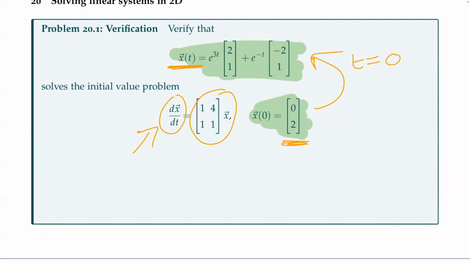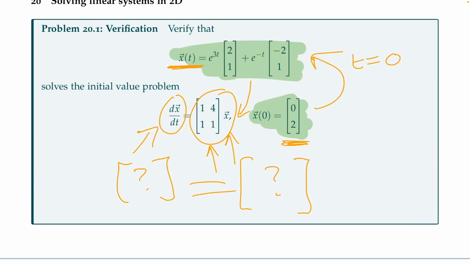So we've got x of t, some function. We take its derivative, and we'll get some vector. On the right-hand side, we have this matrix times our solution x. So we take this solution x, plug it in here, take our matrix, multiply it by that solution. Again, we'll get a vector. And if it is indeed the solution, these two things will match.